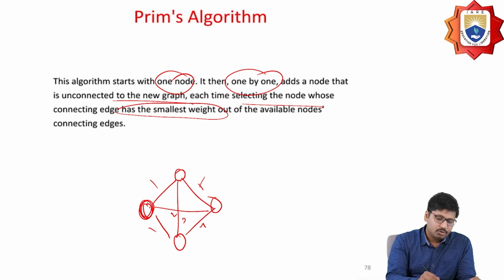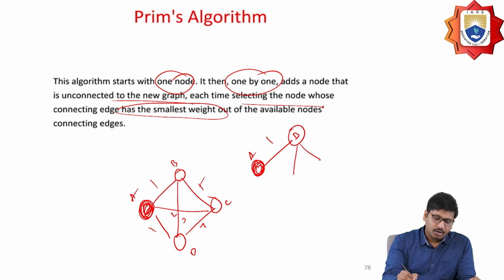Initially I'm going to start here. What is the minimum edge that is going to connect it? So that's why I'm going to consider, with vertices A, B, C, D, A is the next minimum. Among this B, I have two options: one is 2 and the other is 5.